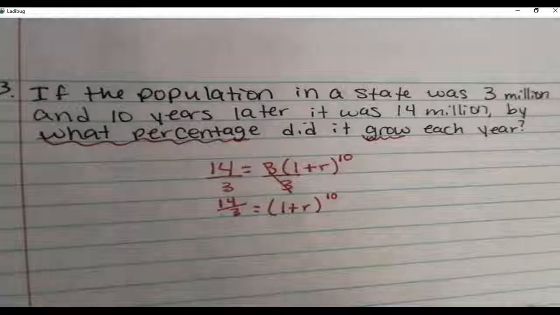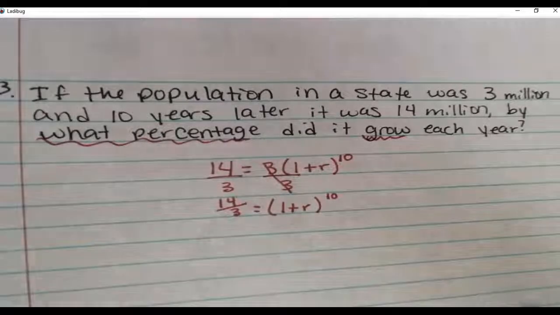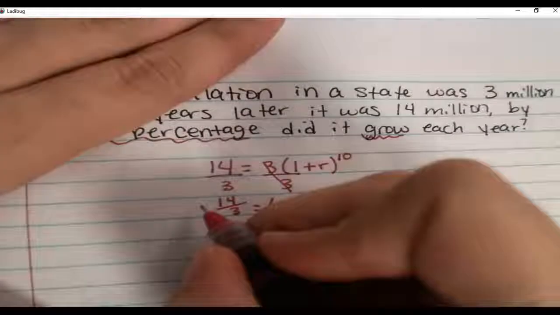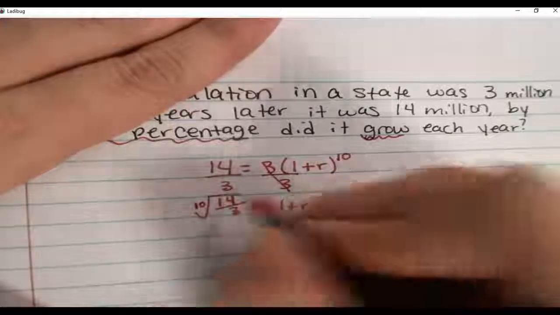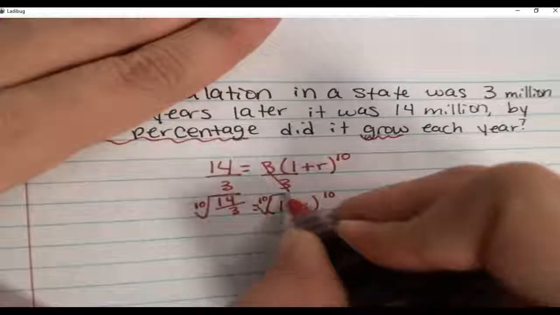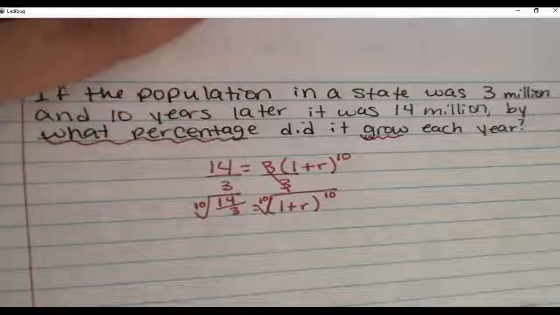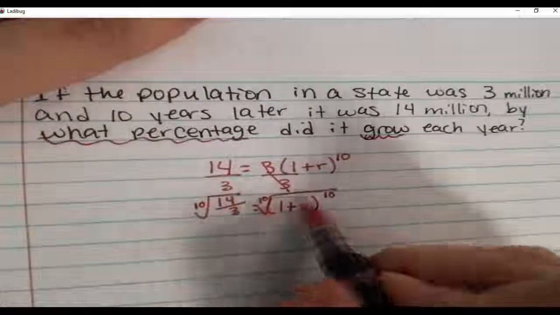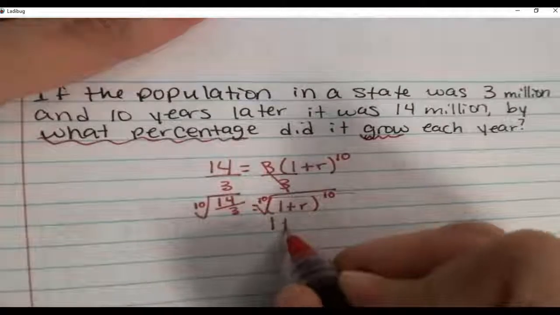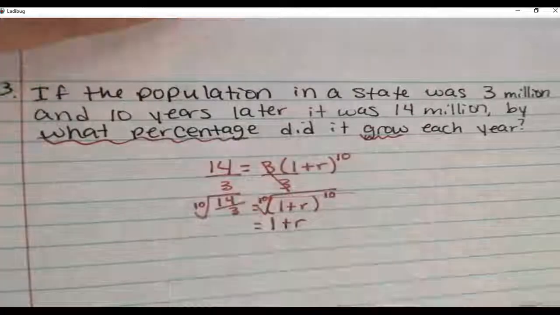How do I get rid of a 10th power? Good. So we want to 10th root it. Good. So then that gets rid of that 10. So we just have 1 plus r over there on the right.